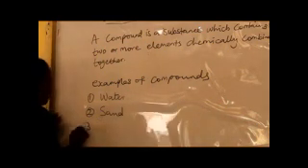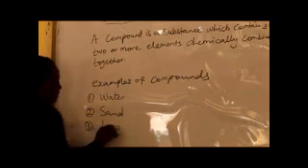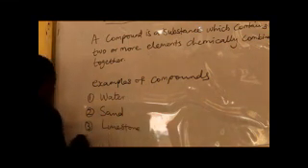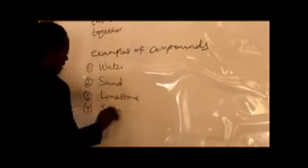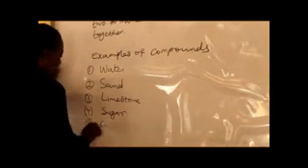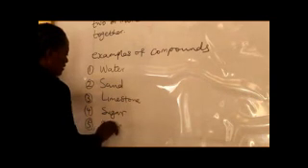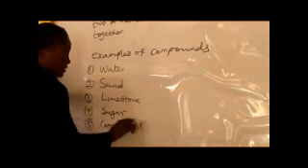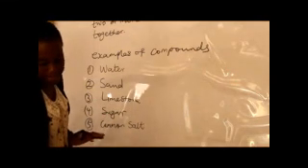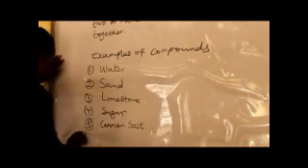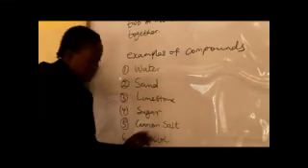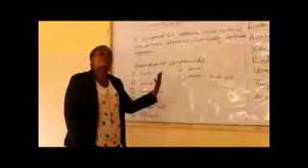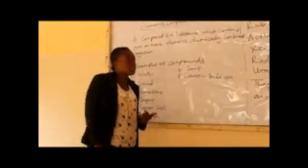We have limestone as a compound. We have sugar as a compound. We have common salt as a compound. We have ethanol as a compound. We have the constituents of these compounds, and I'll now give you the chemical formula of these compounds.